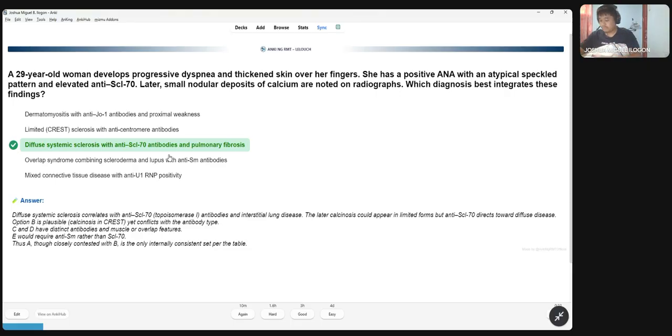Scl-70. What is that for? Scl-70. Oh, here it is.